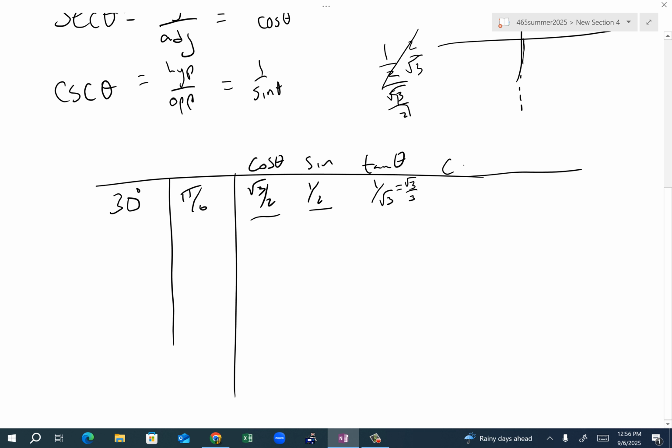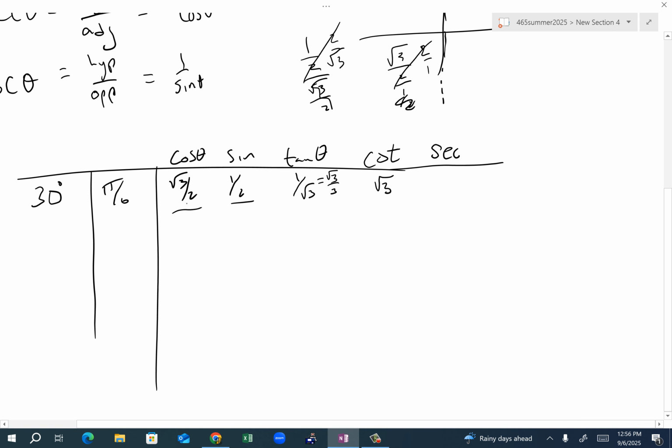Well, what's cotangent? It's the other way around. Square root of 3 over 2 over a half. So you multiply by 2 over 1, and you get the square root of 3. If you wanted secant, that's 1 over cosine. Well, 1 over square root of 3 over 2 is 2 over square root of 3, which is also 2 square root of 3 over 3.